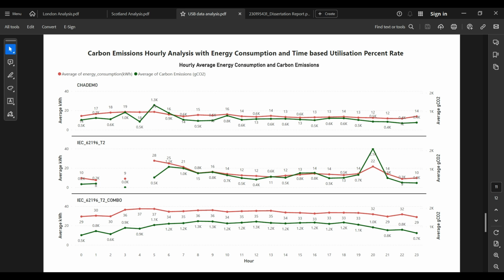If we look at the type 2 connector, it has reached a peak at 28 kilowatt hour in the early morning, but has also seen a peak in the late night. And the same kind of trend is followed by the carbon emissions. And if you look at the combo connector, it has reached a peak of 37 kilowatt hour in the early morning sessions and has seen constant energy consumption values throughout the day. And similar kind of trend is followed by the carbon emissions.